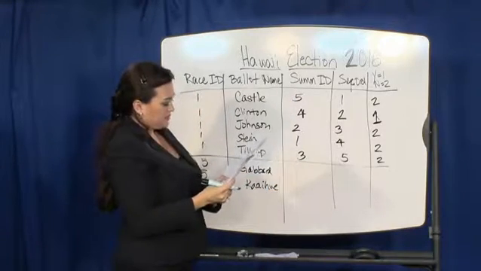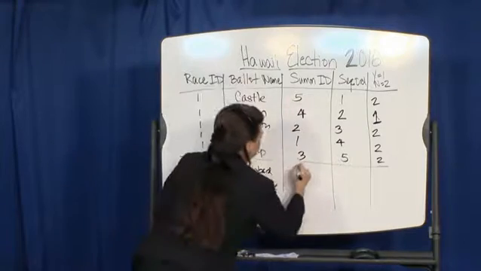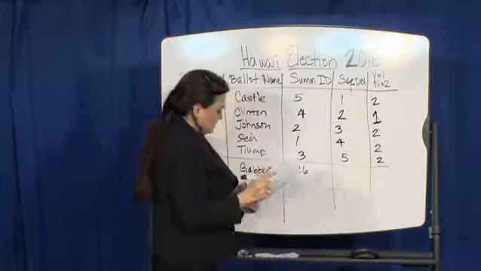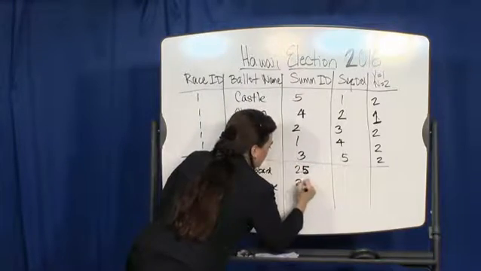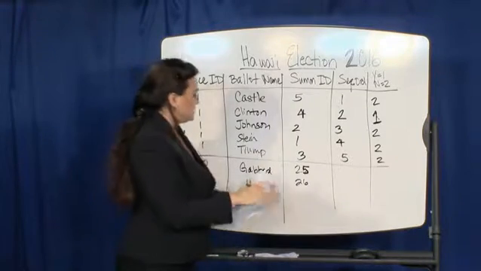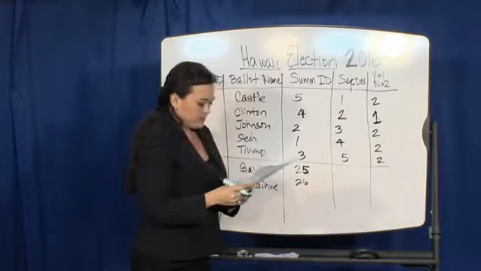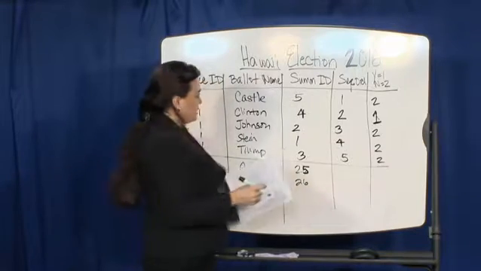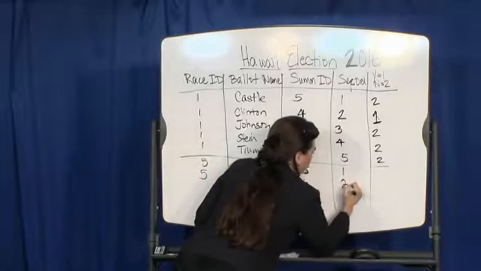Summary ID is 25 and 26, just like how it was alphabetically ordered. Now the sequential order: because Gabbard won, she becomes 1 and 2.